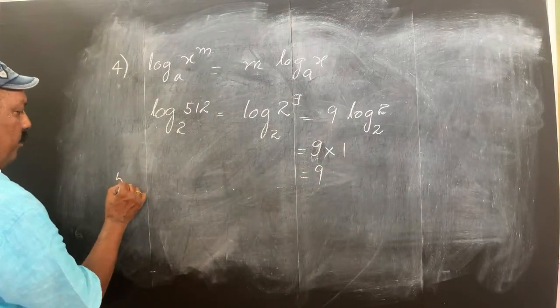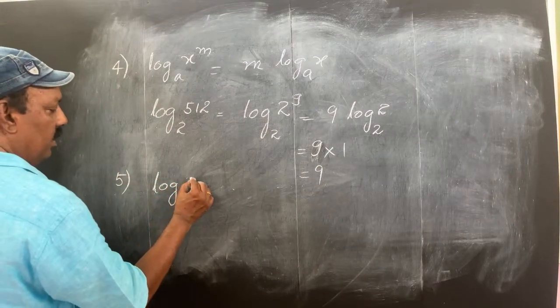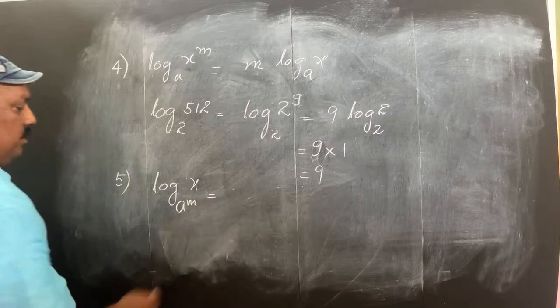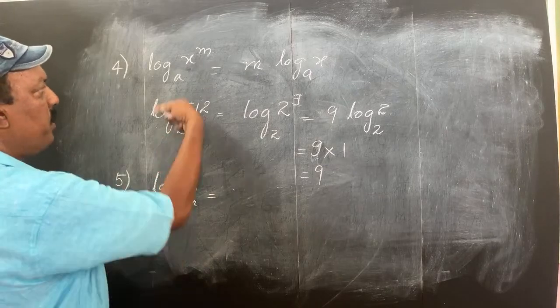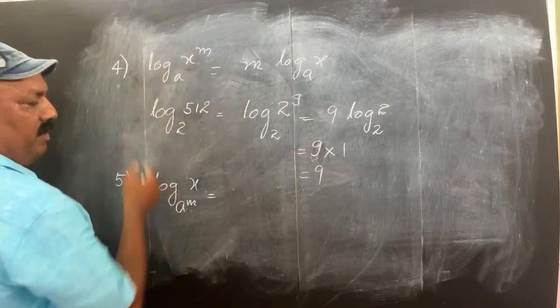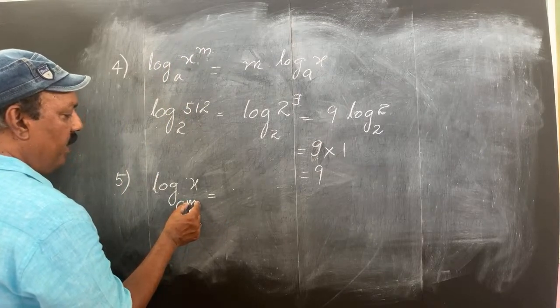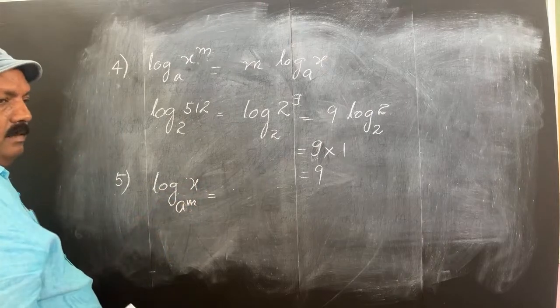Now comes formula number 5. Log x base a to the power of m. Here the base is having the power. In the previous formula, the log value was having the power. Whenever the base has a power, the exponent of the base becomes the reciprocal of the character.